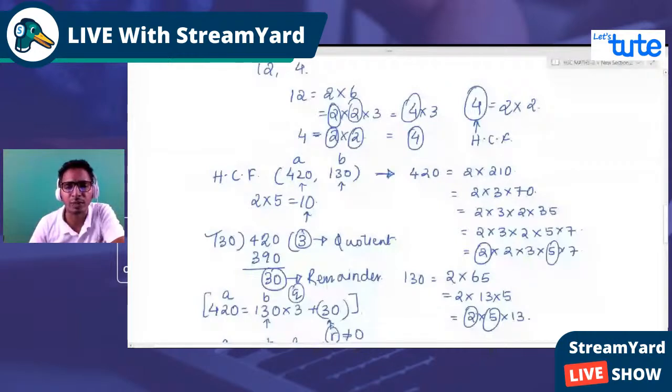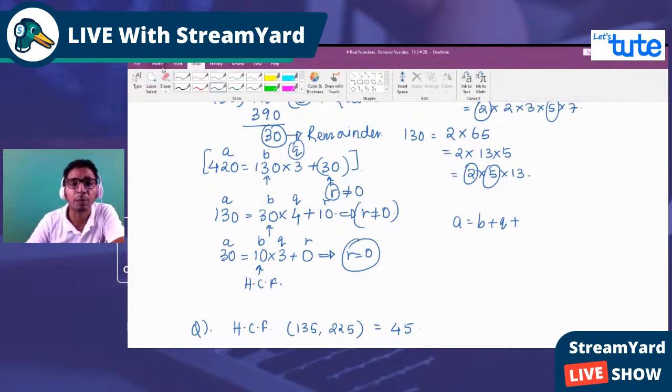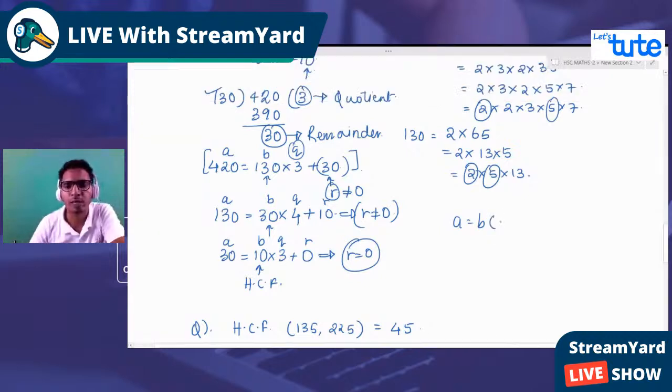But we also understood how to find it using Euclid's lemma, using the relation A equals B multiplied by Q plus R, where R is greater than or equal to 0 and less than B. Whenever R is not 0, we consider B as the new A and R as the new B, and we continue this process until we get remainder 0.